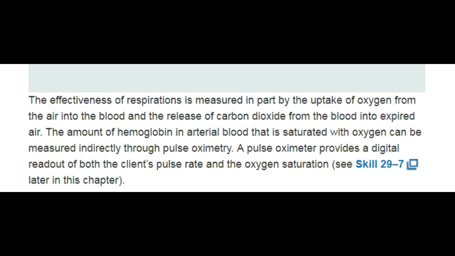That's the little gadget that we put on the finger, sometimes the forehead, sometimes the earlobes. Okay, and as you read here, it provides a digital readout of both the client's pulse rate and oxygen saturation. Vital signs. When we talk about vital signs, pain is the 5th vital sign, but there are studies going on now. They're going to start including O2 saturation as the 6th vital sign. So we're just going to jump on board with it now and continue it throughout our nursing practice.